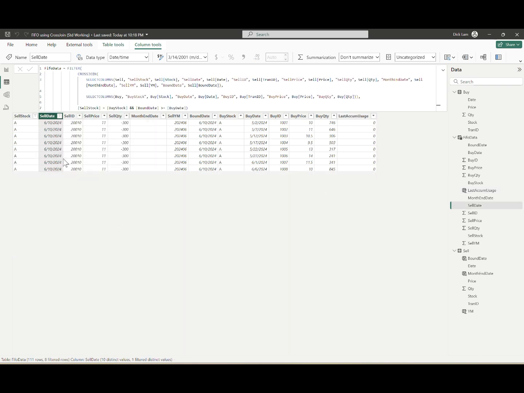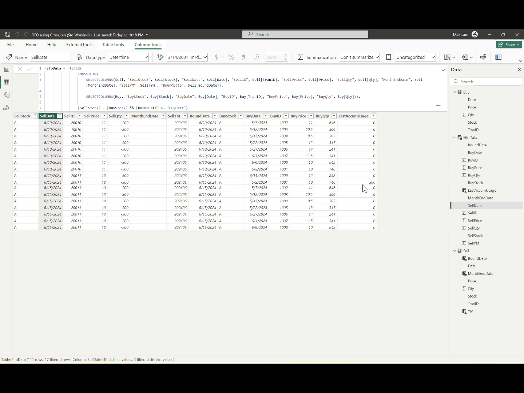Now, this is the first sales transaction. Of course, there is no last accumulated usage. All right, and then we include the second one. Now, you remember, for the June 10, the sold quantity is 300. Once we include the June 15, we should have the last accumulated usage of 300. Right? Now, this is June 15. We have the buy-in quantity, 101.